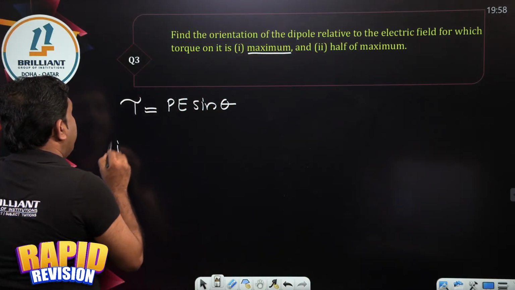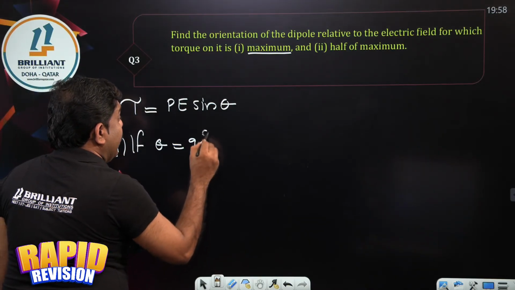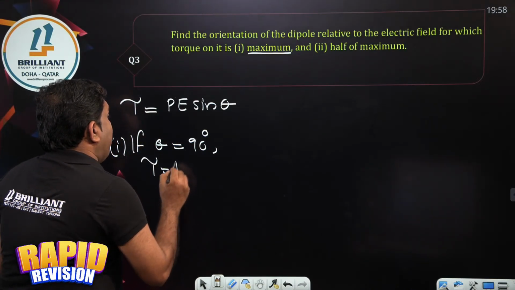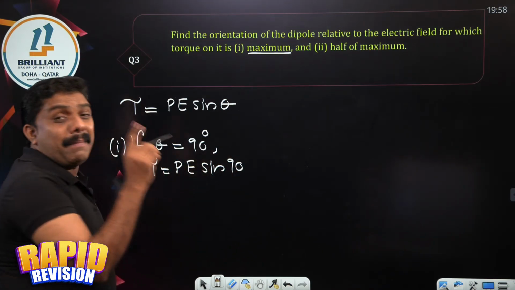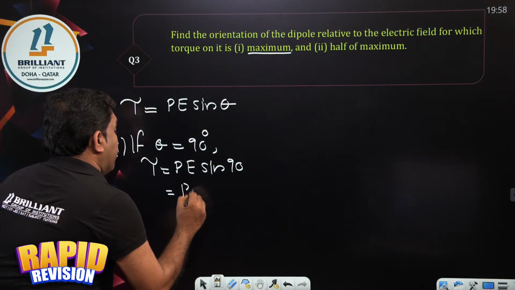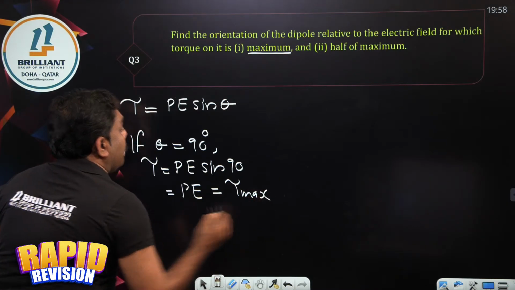If theta is equal to 90 degrees, then torque is equal to PE sine 90. Sine 90 is the maximum value of sine, so that is equal to PE. That is the maximum torque.